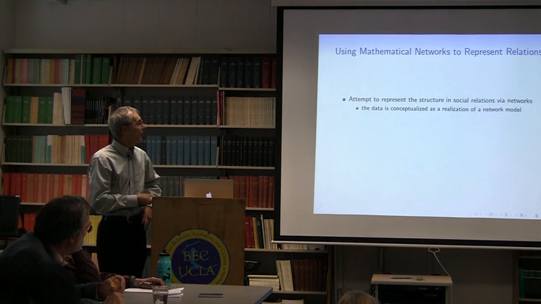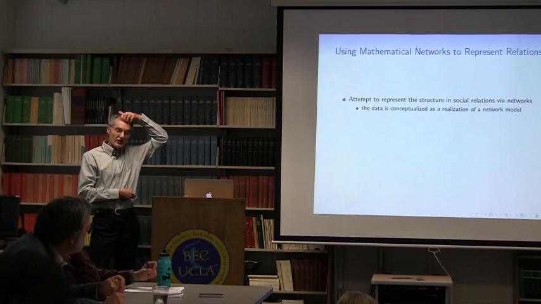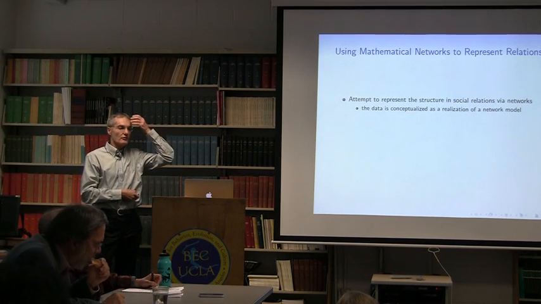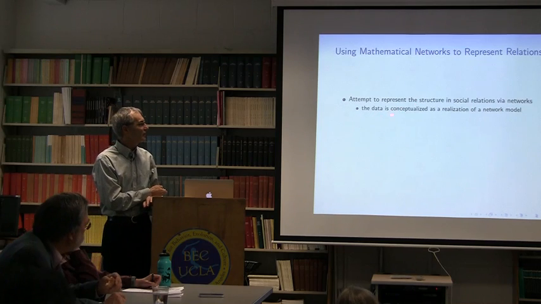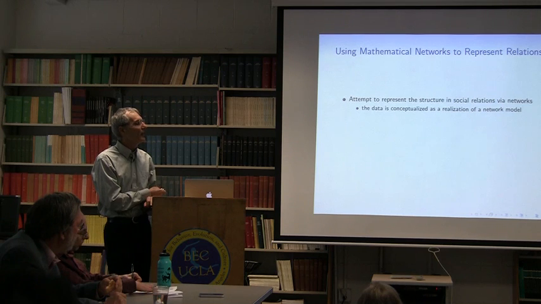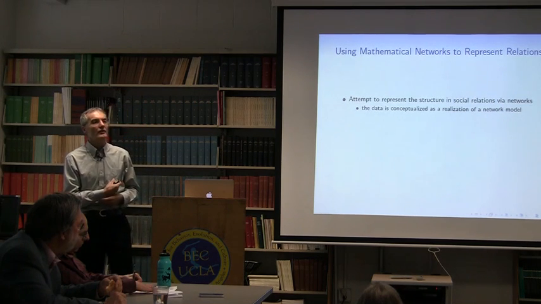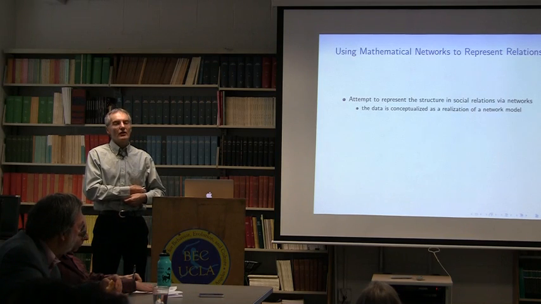All right. Just a couple of other things here. From a statistical aspect, what we're trying to do is represent social relations via networks. And this last one here is actually quite important to the statisticians. I could have a lot of discussion of this from a philosophical standpoint, is that what we observe is a realization of a stochastic process.